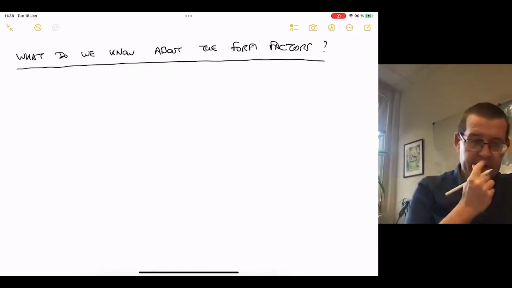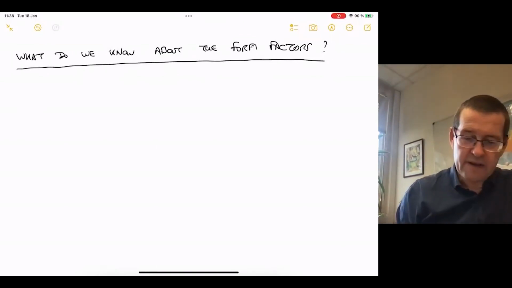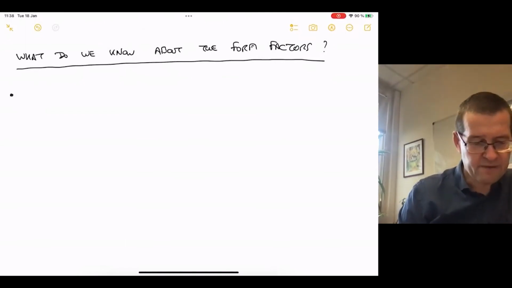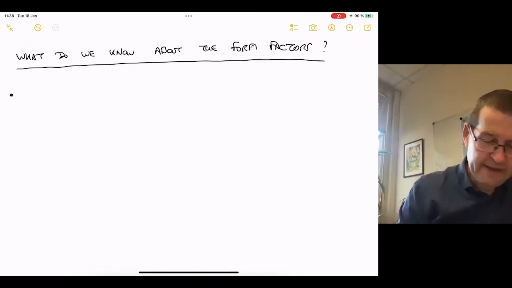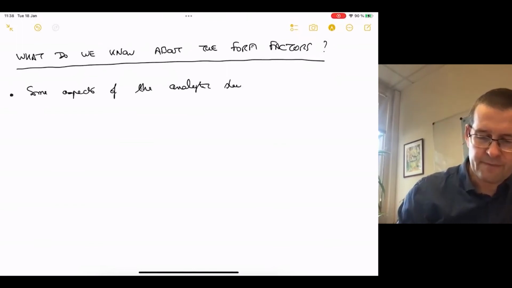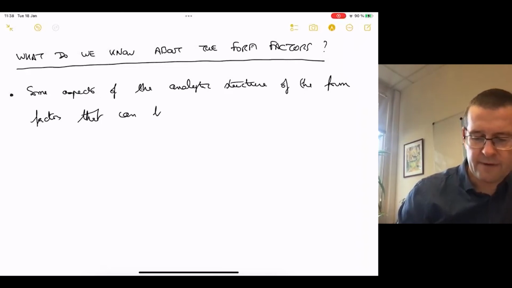So one thing that can be obtained, in generality, is that there are some aspects of the analytic structure of the form factors that can be obtained on general grounds.